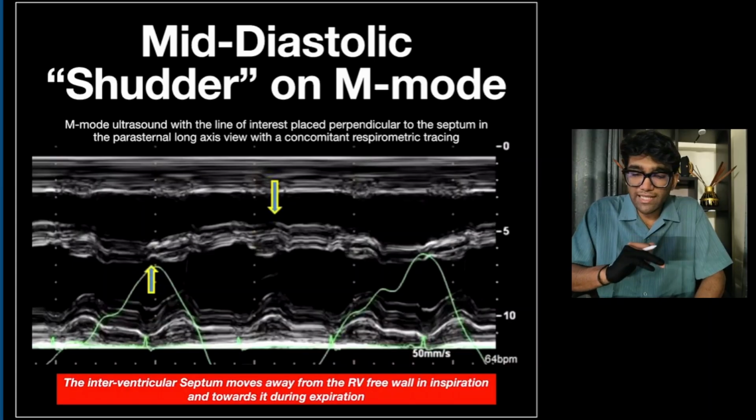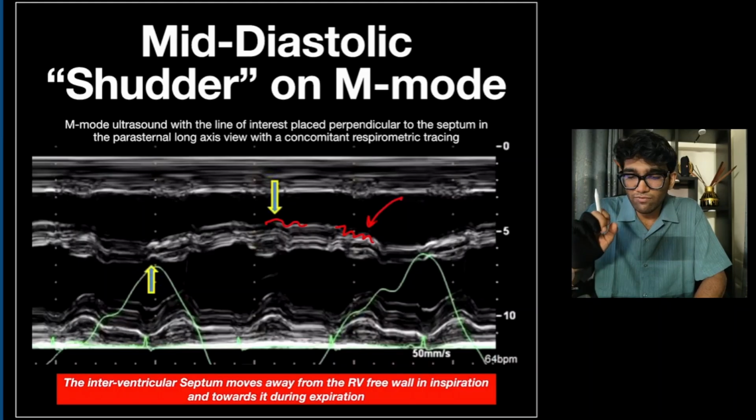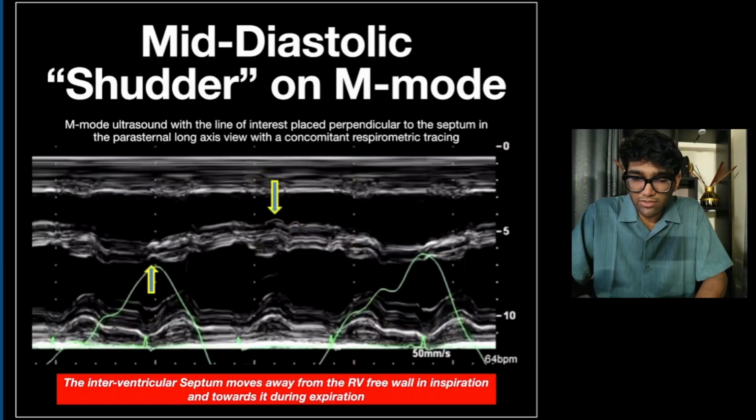Okay, that oscillation is a very interesting thing because it ends up producing this kind of undulation. Okay, this undulation is what we call your shudder. It happens at the middle of diastole. So that is called mid-diastolic shuddering, and it is most obvious on M mode ultrasound.